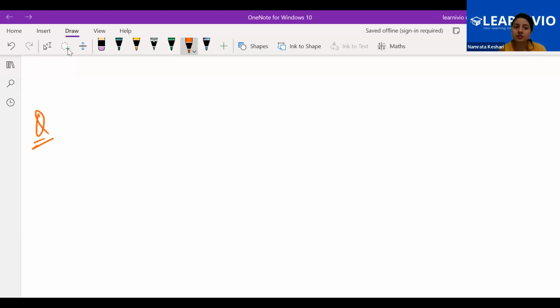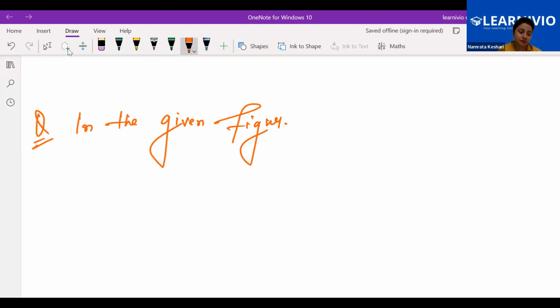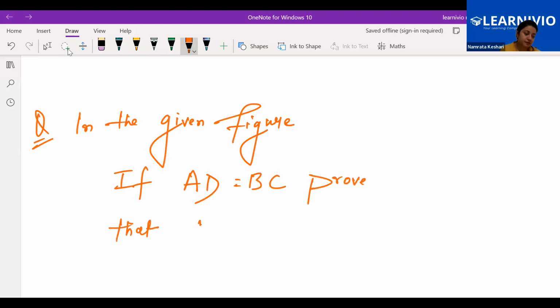Now the next question is: in the given figure, if AD is equal to BC, prove that AC is equal to BD.